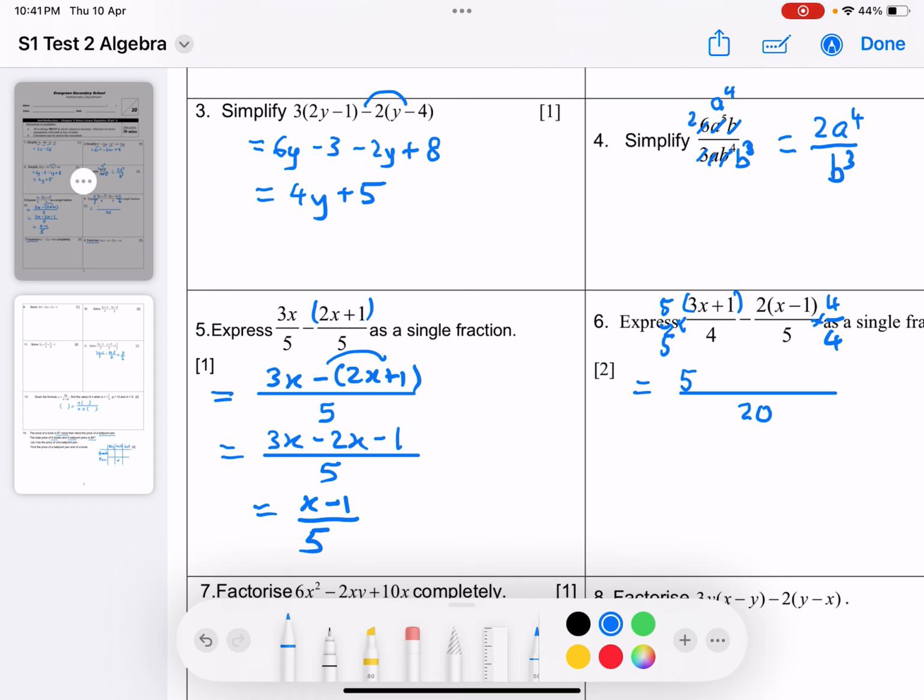Numerator, we have 5 times 3x plus 1, and minus 4 times 2 is 8. 4 times 2, 8. Bracket 8 minus 1. Now we open up the brackets. 5 times 3 is 15. 5 times 1 minus 8 times x, minus times minus is plus. 8 times 1 is 8.